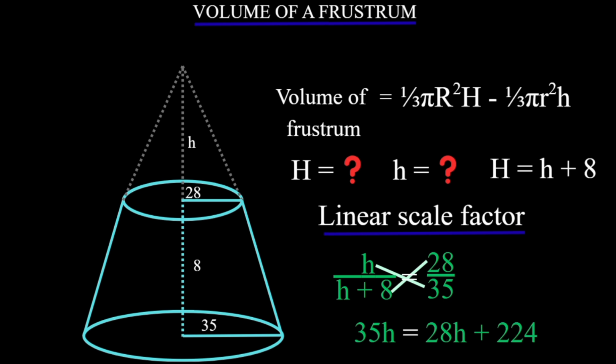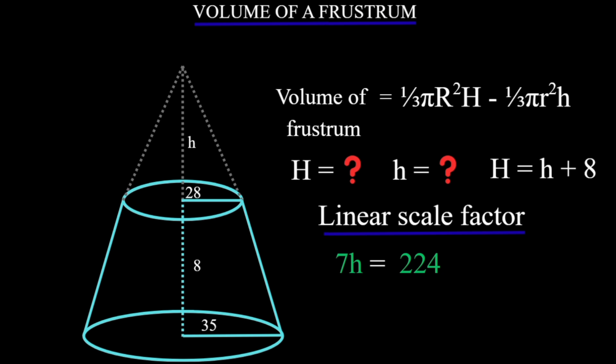We collect the like terms by taking 28h to the left, and 35 minus 28, that gives us 7h. To get the value of h, we divide both sides by 7, and these two will disappear, and we shall have h being equal to 224 over 7, which is 32.